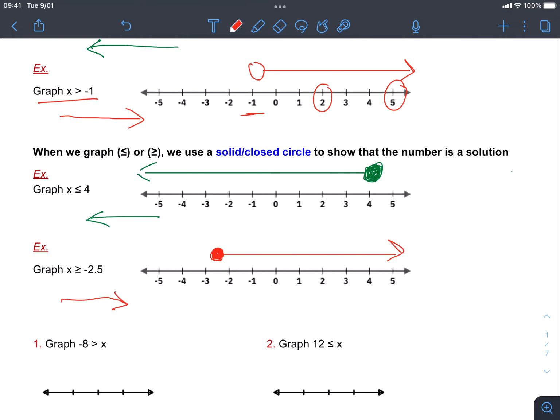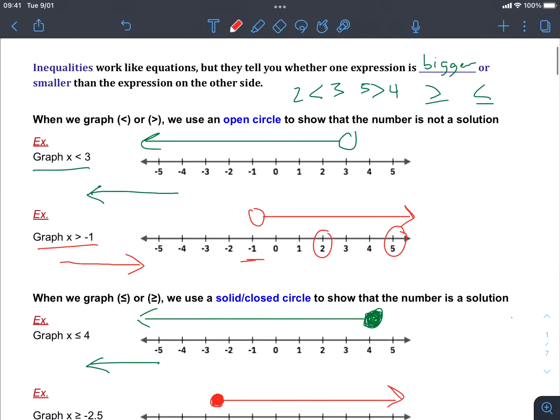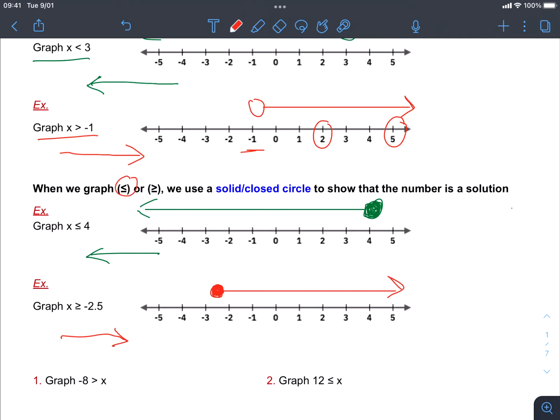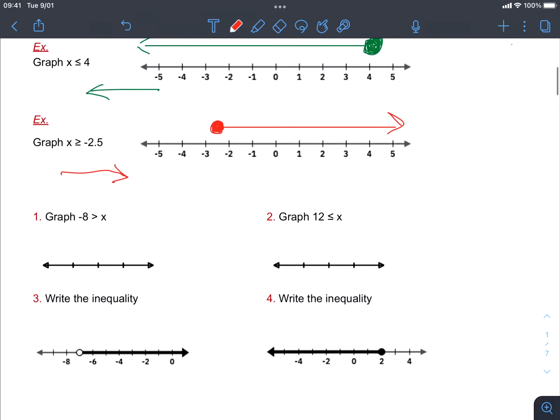It looks like that. So they're open when there's no line under it, and it's closed when there is a line under it. And then the inequality direction tells you which way to draw the arrow. Let's take a look at a couple examples.